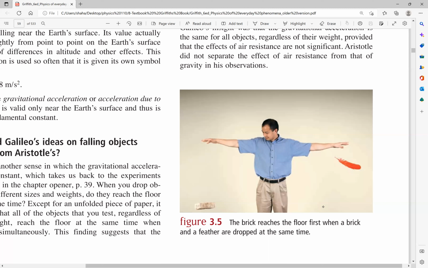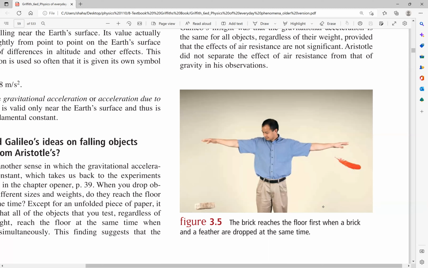If you have a very light object with a flat surface, like for example a feather or paper, and you have an air effect, in other words, air resistance, then air resistance will affect your flat object.